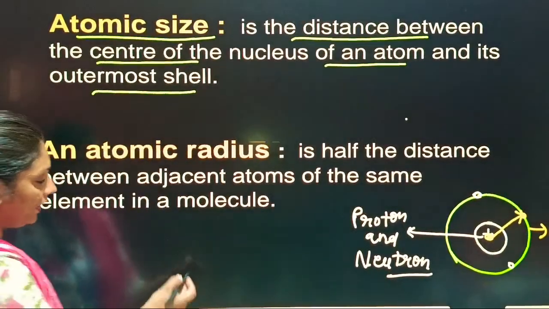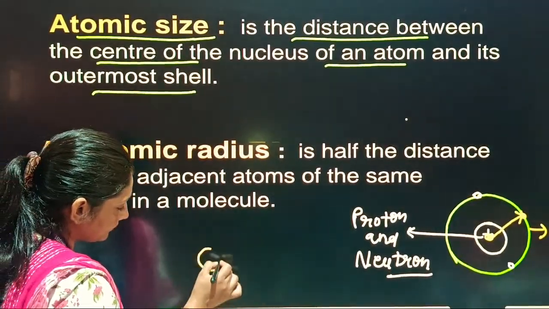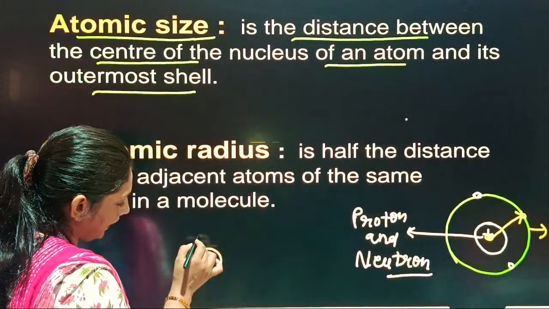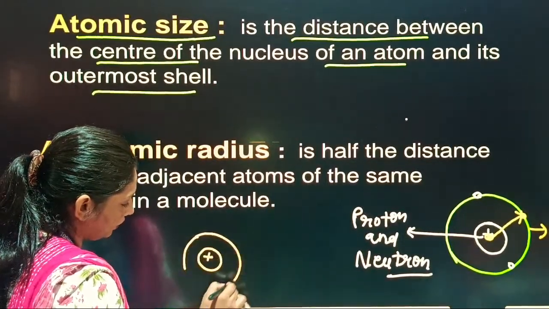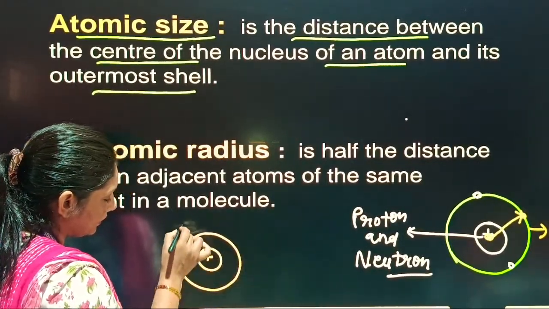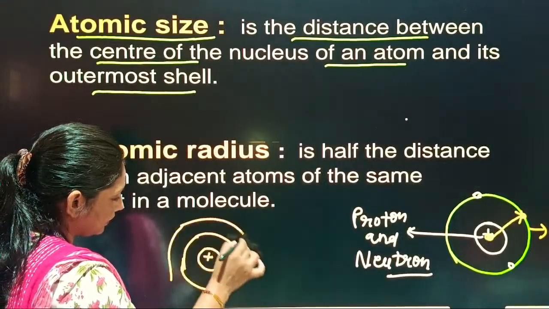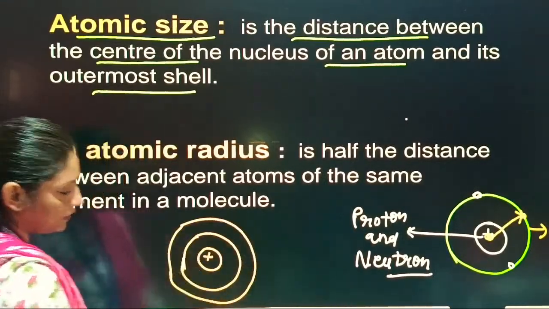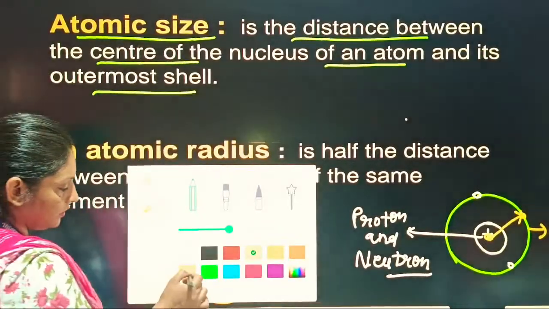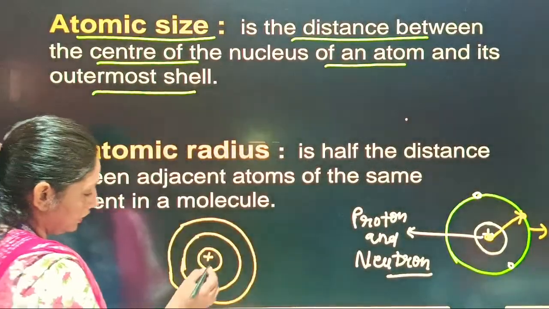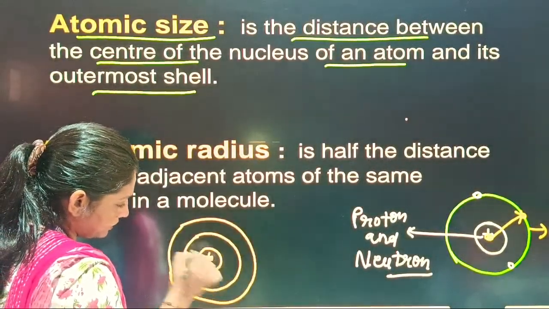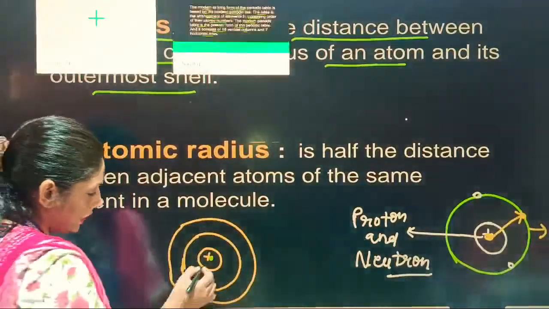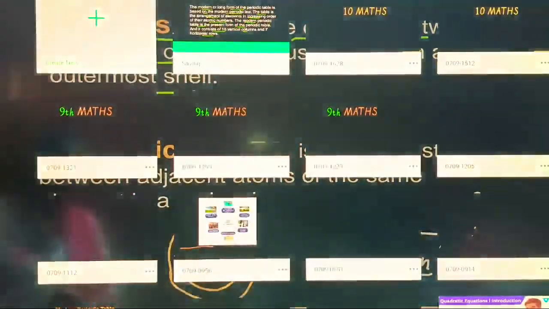If we have any other atom which has more than one shell, then again the atomic radius is the distance between the center of the nucleus and the outermost shell.